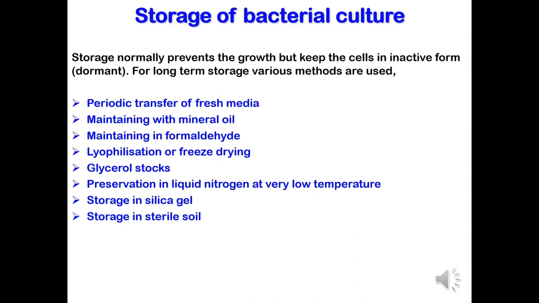And with the exception of freeze-drying, the general rule is that the viable storage period of the bacteria increases as the temperature decreases. So we mean the lower the temperature, the longer you can store the bacteria for. It is important to know, however, that once the storage temperature gets below freezing point, cryoprotectants are essential to reduce cell damage caused by the freezing process. So commonly used cryoprotectants are glycerol and DMSO.